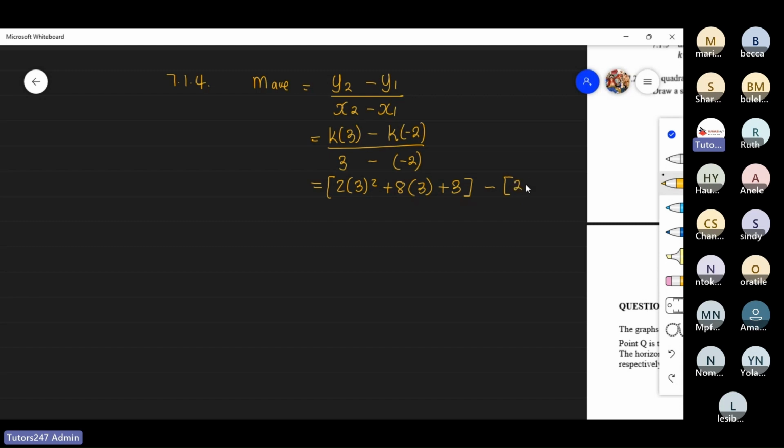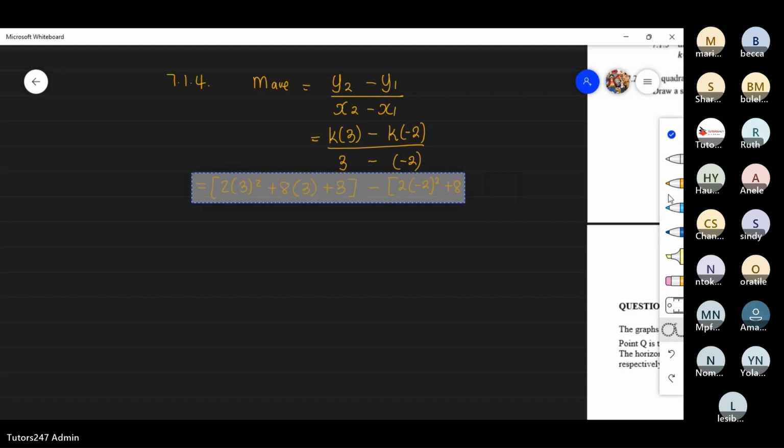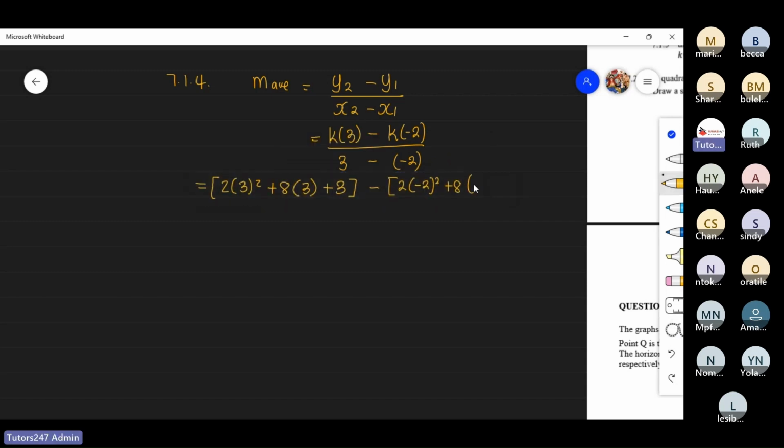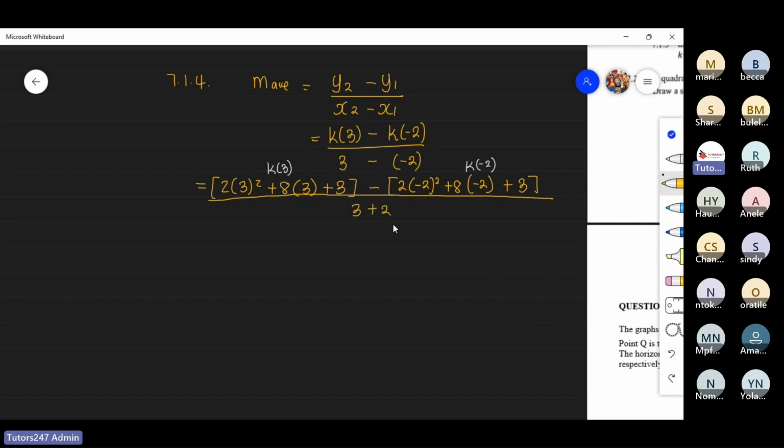So that's going to be 2 into -2 squared plus 8 into -2 plus 3. So we're subtracting those values. This is k of 3 and this is k of -2. Now at the bottom we've got 3 minus -2, so negative times negative gives us positive.